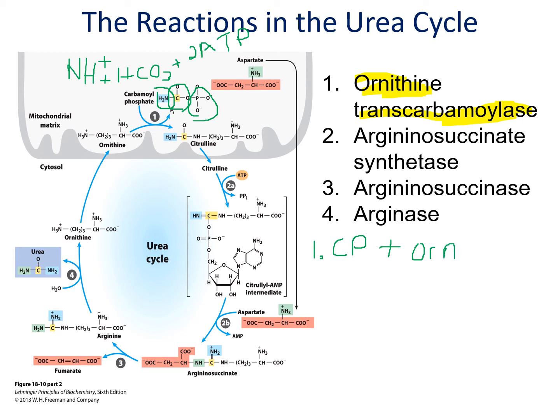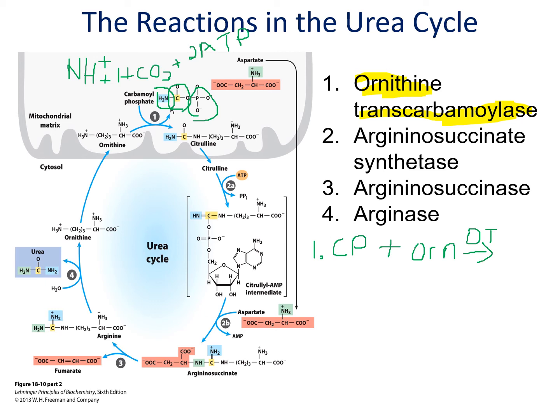What is ornithine? If you look at it, it is actually just an amino acid. This amino acid is not one of our standard 20 amino acids, but it's just an amino acid, and we get it from somewhere, and it ends up in our liver somehow. So we have this ornithine, and we add it to our carbamyl phosphate. We know how we got that, and the enzyme that's going to catalyze this reaction is called ornithine transcarbamylase.